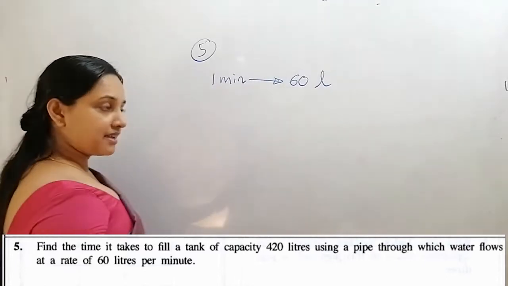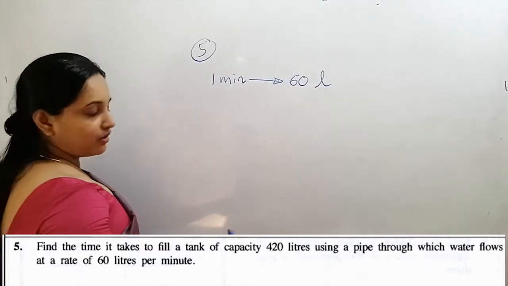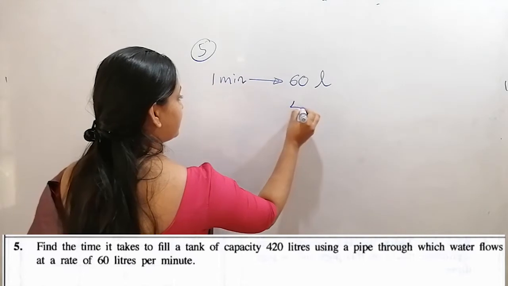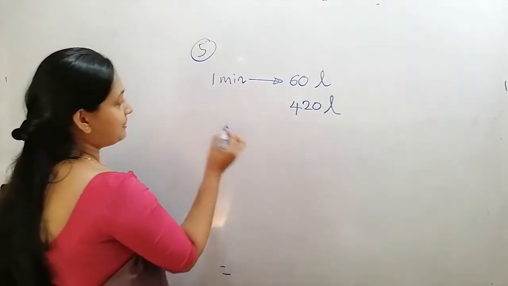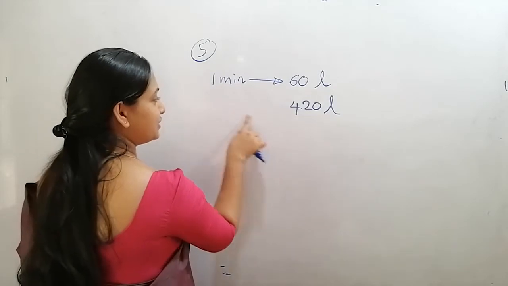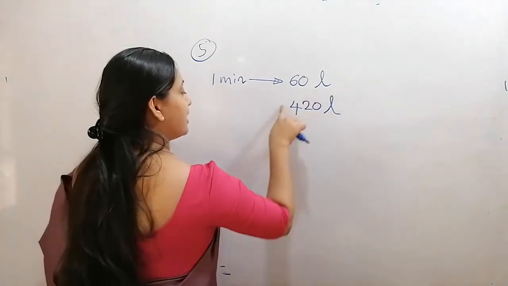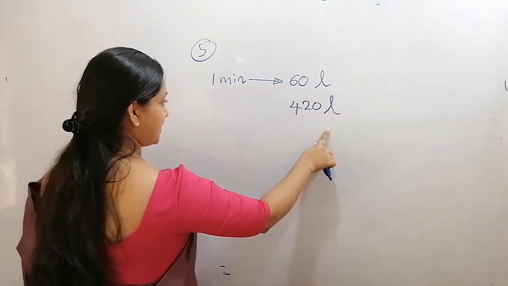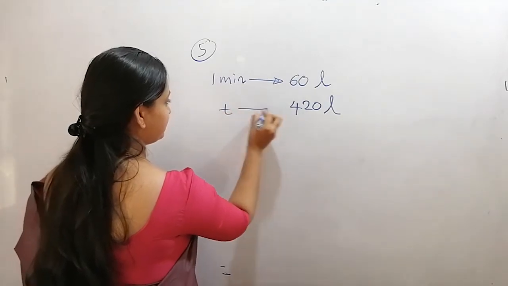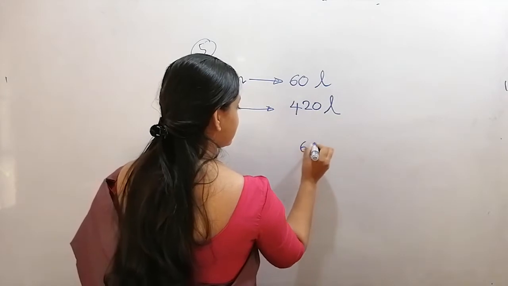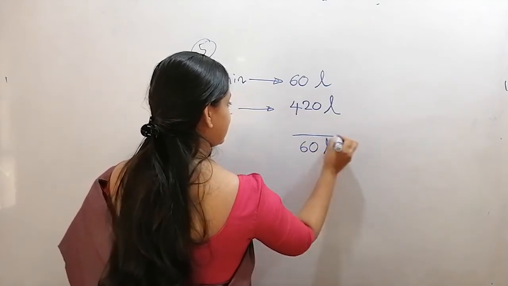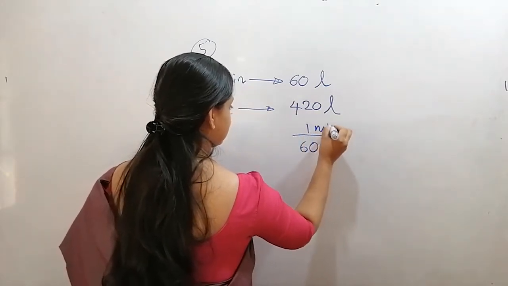Then what is the capacity of the tank? It is 420 liters. Then how many minutes will it require to fill 420 liters? How can we calculate? For 60 liters, it is 1 minute.